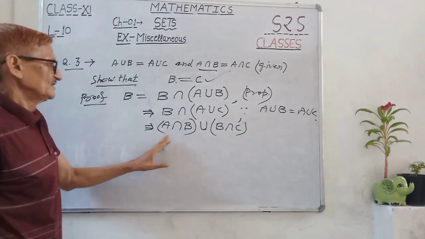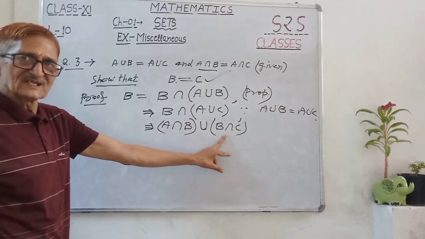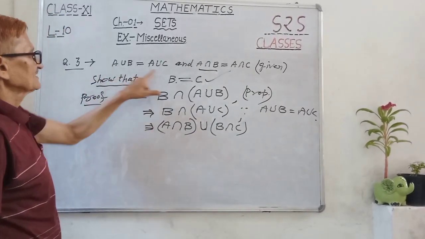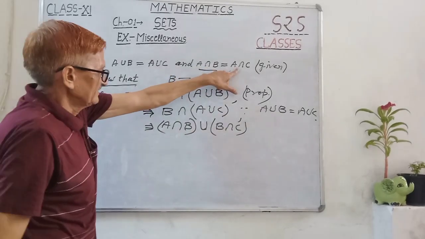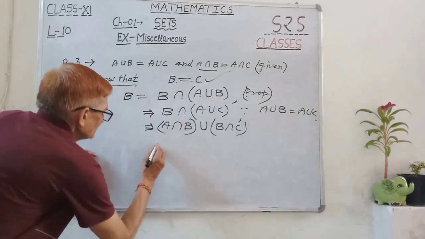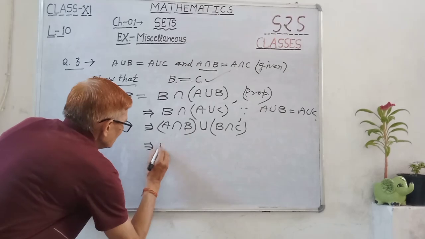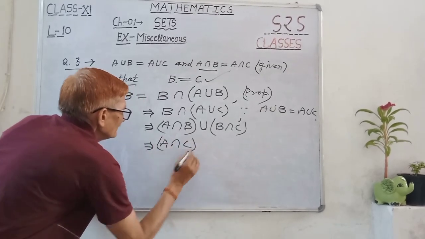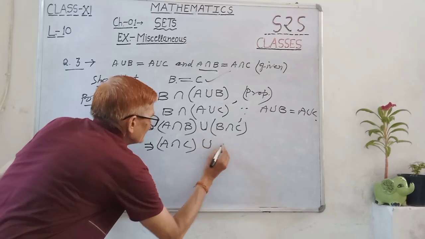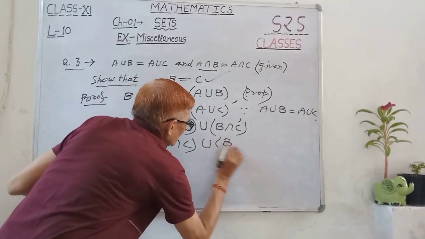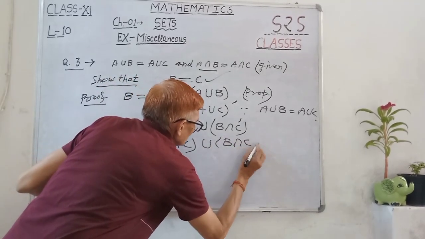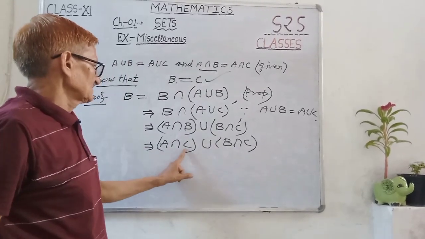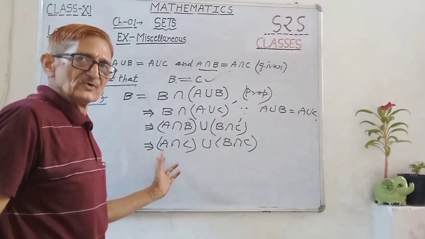See here. Now B intersection C is this, and here we have A intersection B. A intersection B is A intersection C. So we can say this is A intersection C, as given, union B intersection C. Now you see intersection C and intersection C, so C distributes here.